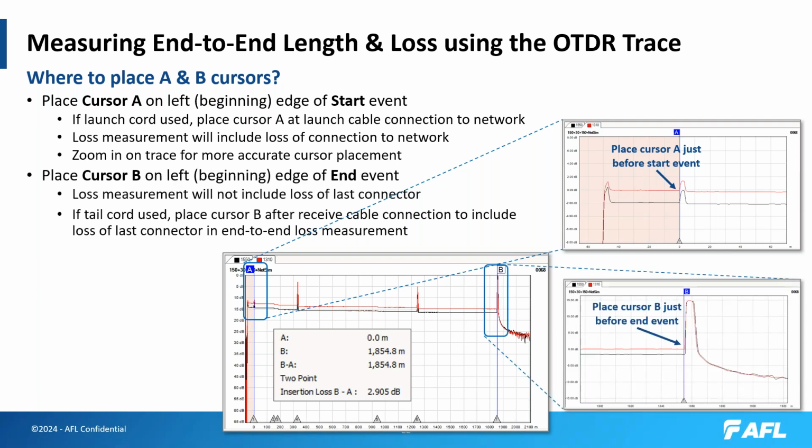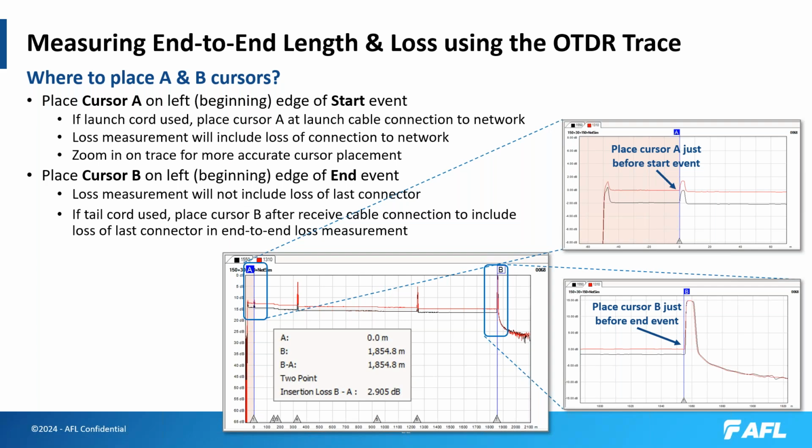When you place the B cursor, if you have an open-end connection, then you want to place the B cursor just before the end event. Because after that open connection we just drop down to the noise floor, you can't measure the loss across that open connection.